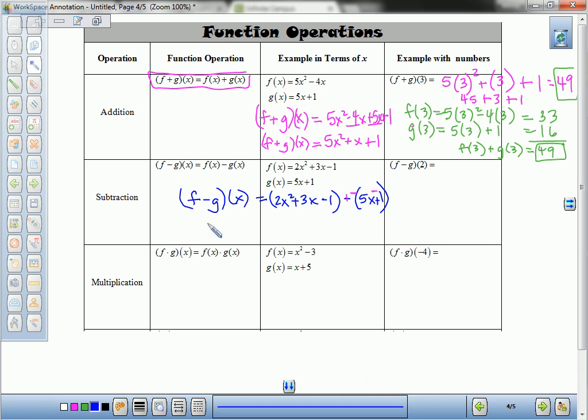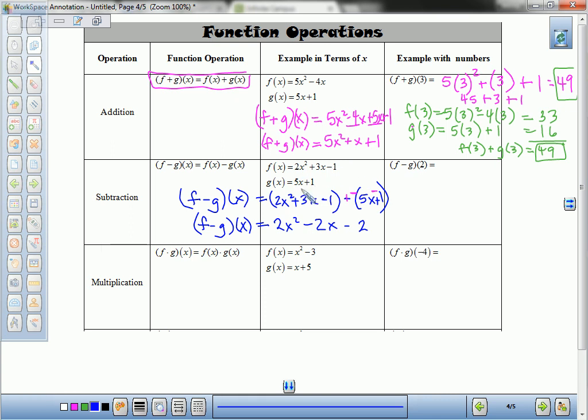And so when we do, we get f minus g is equal to, now we're just going to combine like terms. Here we have 2x squared minus 2x minus 2. And once again, we started with a quadratic and a linear.